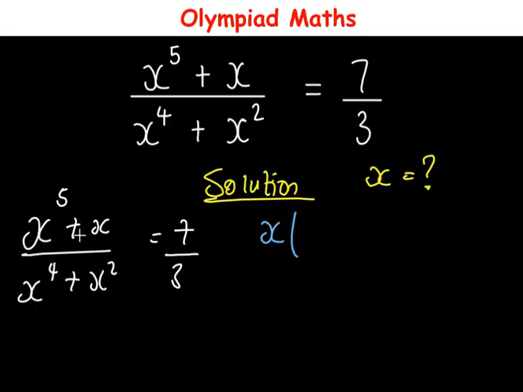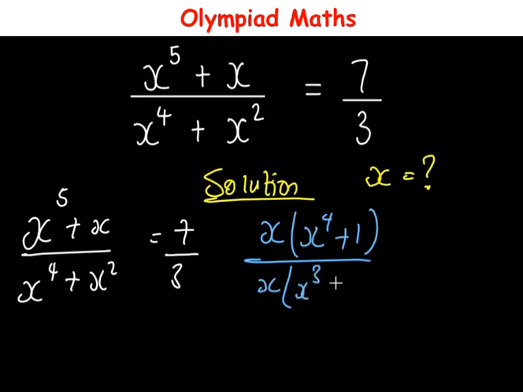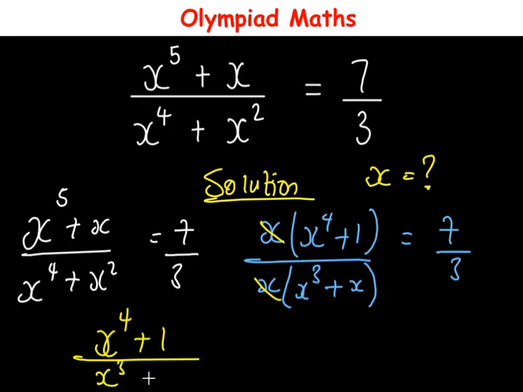Factorizing out x from the numerator, we are left with x^4 + 1, over factorizing out x from the denominator, we are left with x^3 + x, and this equals 7/3. So we cancel x, and we are left with (x^4 + 1) / (x^3 + x) = 7/3.